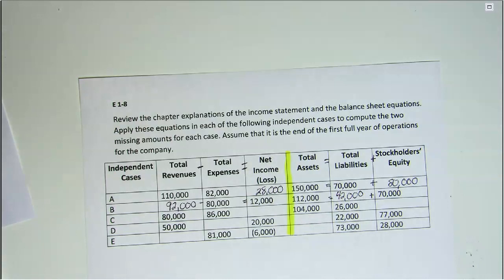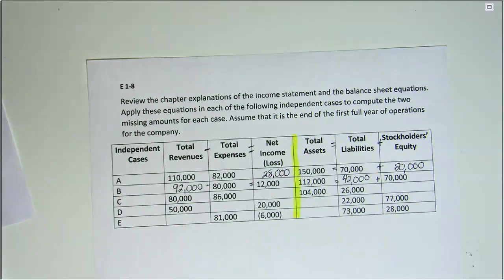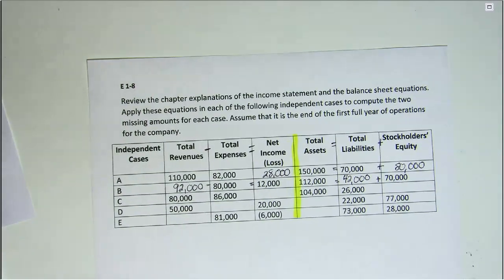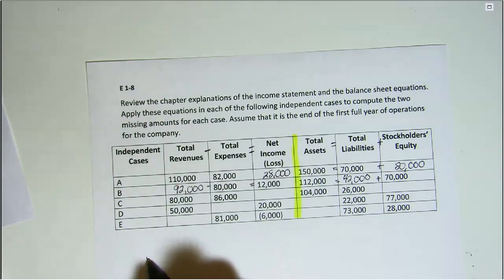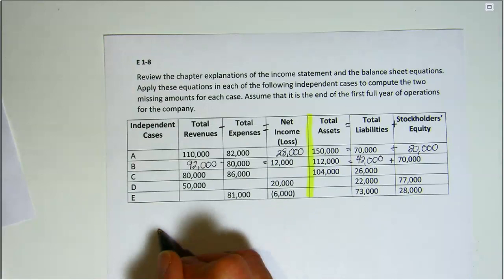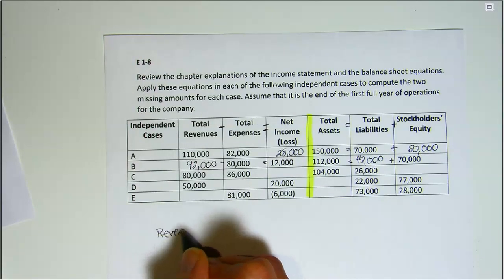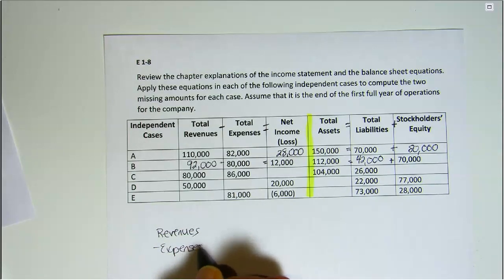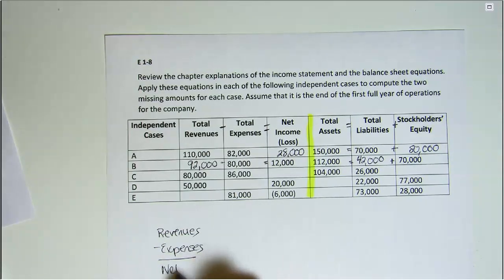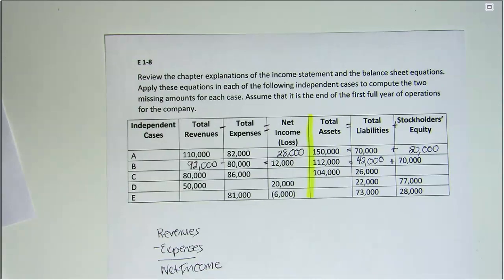Now, if it's easier for you to do this vertically, you can always do this vertically. Set up the income statement formula as revenues minus expenses equals net income, and that might be easier for you to do vertically.